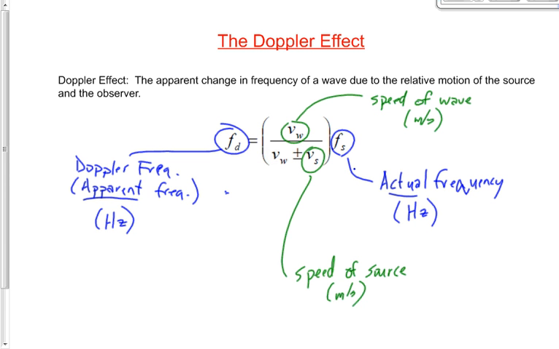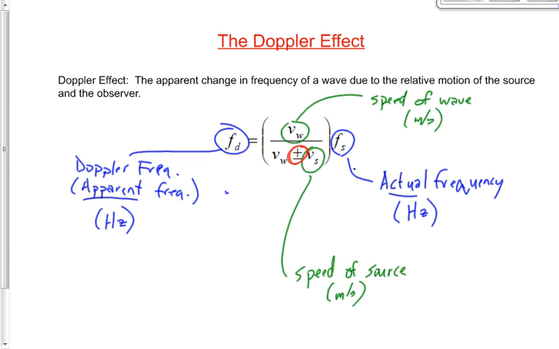Now, the only other thing we have to deal with here is this whole plus or minus thing. You will never put both of those into the equation and use them both at once. It's either going to be VW plus Vs, or it's going to be VW minus Vs. One of the two. You're going to use a plus and a minus in two different situations.